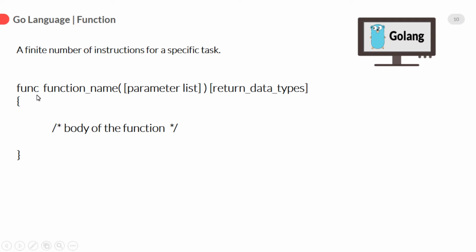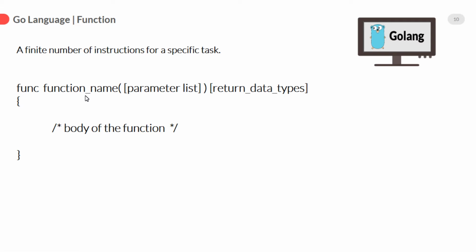So here is the basic syntax. The func keyword represents the function, like the var keyword, a predefined keyword, and here is the function name. Like a variable name, you can assign a function name according to what it does.